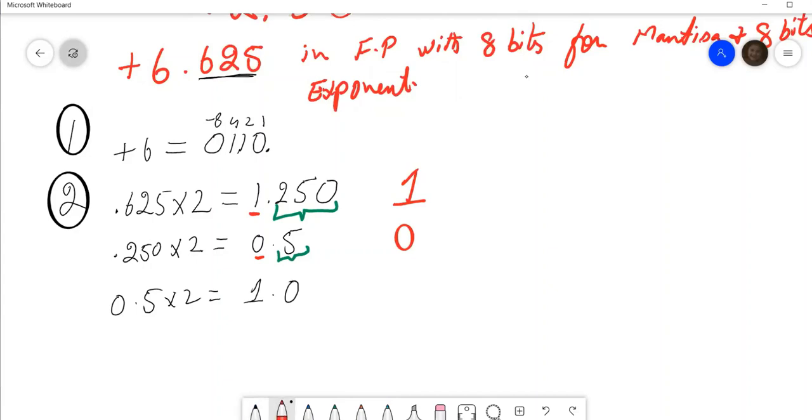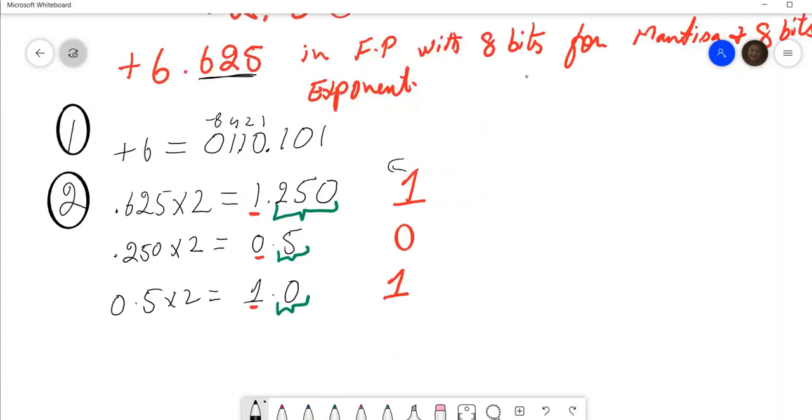So I got 1 over here, I'll put 1 over here, and here we have 0. So here I stop my calculation for 0.625 conversion into binary. So what I got, starting from this first one, is 1, 0, and 1.